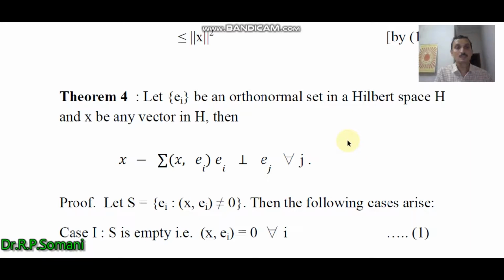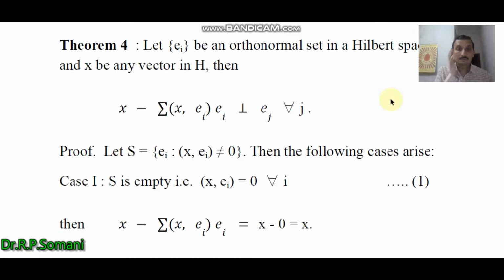This is theorem 4. So in this theorem, we prove that x minus the summation of ⟨x, e_i⟩ e_i is orthogonal to each e_j for all j.